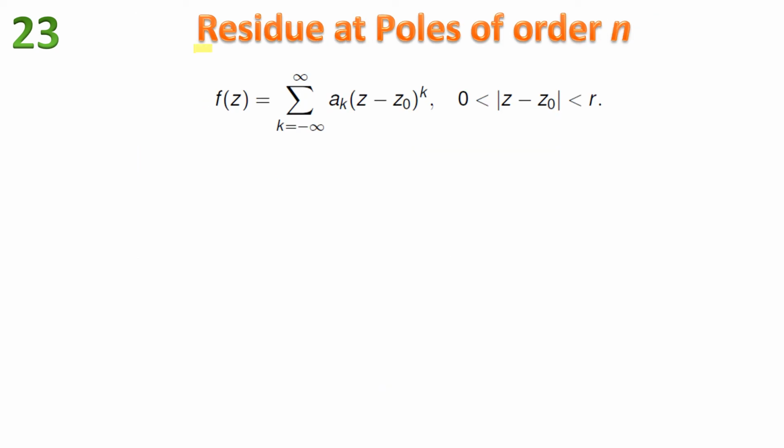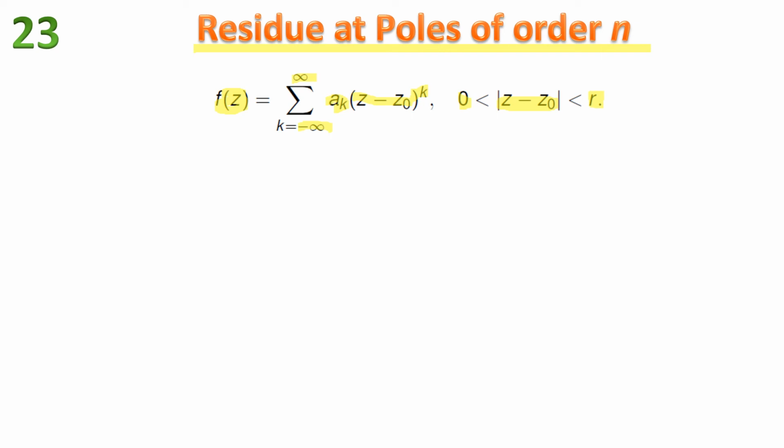Now friends, we can extend the idea of finding residue at a pole of order n. We have seen it for n equal to 1, n equal to 2, and we can extend it for a general number n. f of z is a function that can be expressed as a Laurent series, sum of ak into (z minus z0) to the power k, where k runs from minus infinity to plus infinity, and the series converges locally uniformly in this punctured disk of radius r, where mod of z minus z0 is lying between 0 and r, strictly not equal to 0, not equal to r.